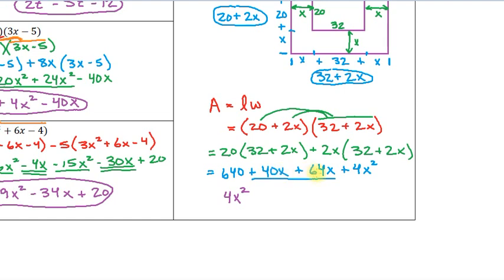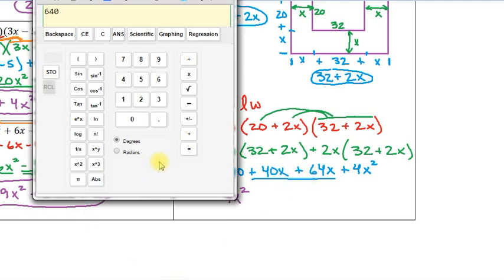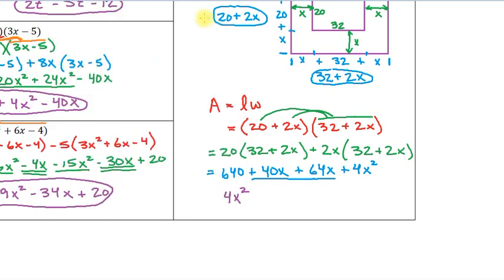This is 40x plus 64. Let's do 40 plus 64 is equal to 104. Plus 104x, because those are like terms. And then we have our constant at the end, 640. 4x squared plus 104x plus 640.